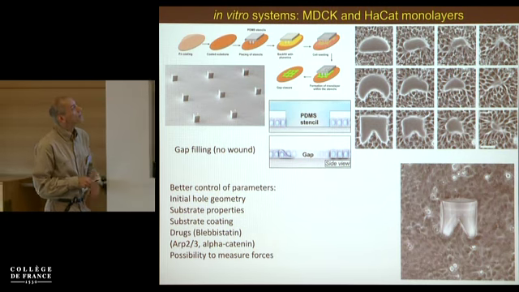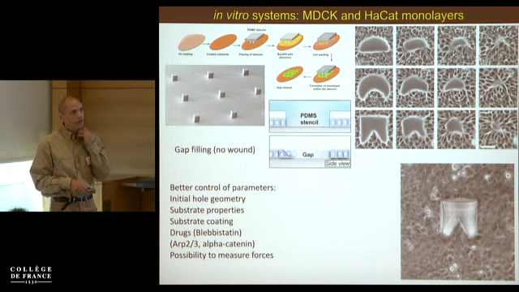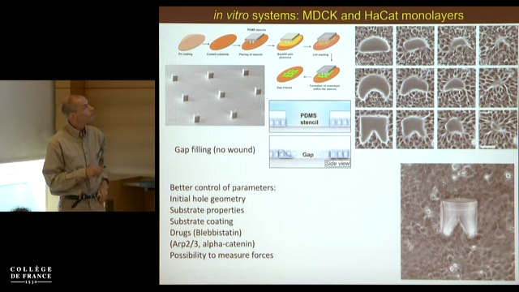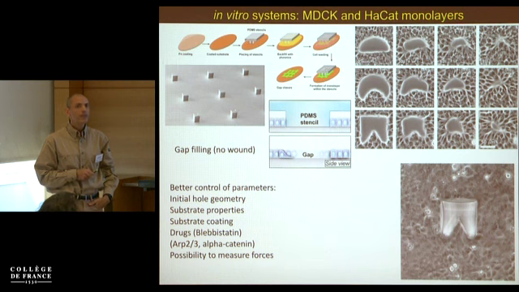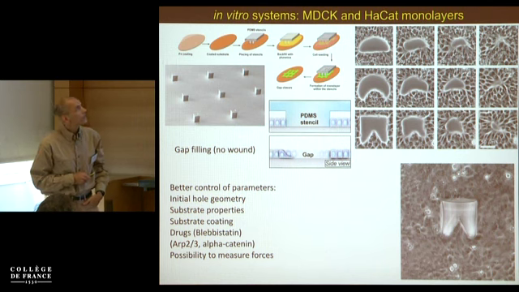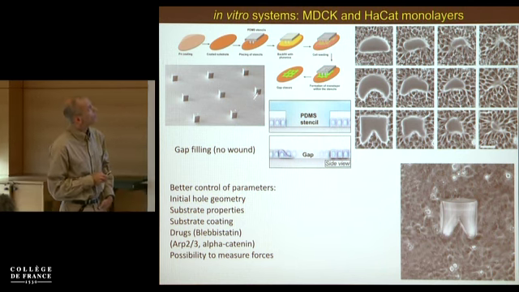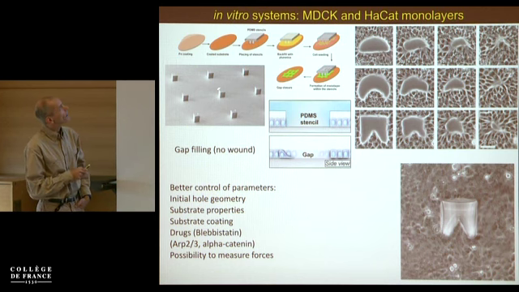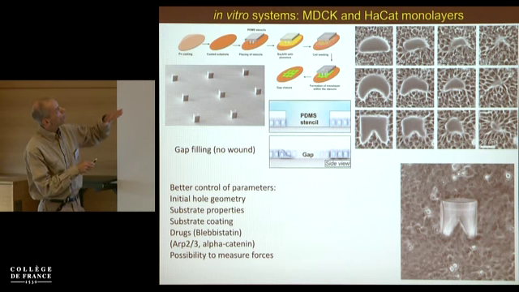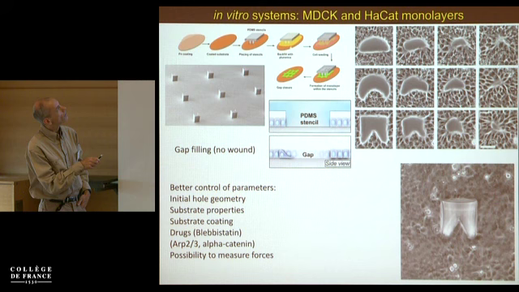And to motivate this and to actually be able to measure things a little bit more precisely than in vivo, we started working with Benoit Ladou's group on in vitro systems. In these systems, what we do is that we have a PDMS stencil, where we have pillars of desired shape. You put it on top of your wafer, and you let the cells grow around it, so they will occupy all the space except the space where you have the pillars of your stencil.